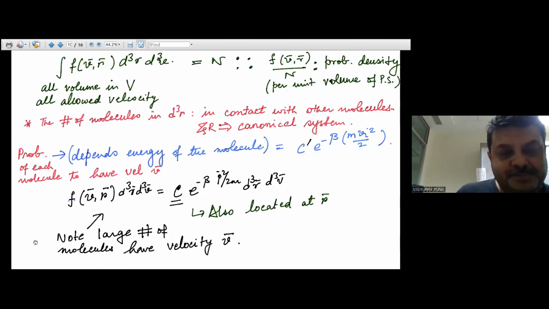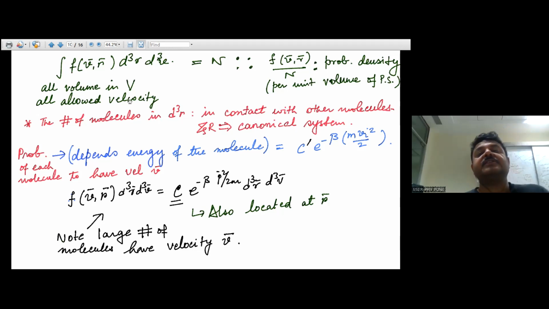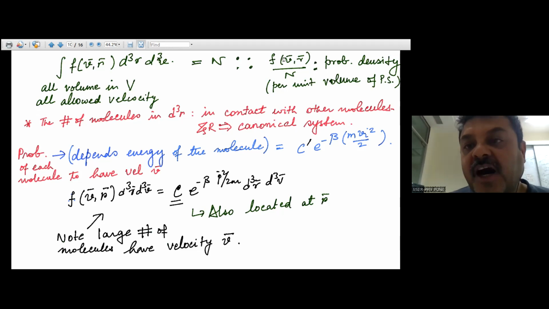So with that meaning, if we integrate f(v,r) over all volume in real space and all allowed velocities, we would get n. So f(v,r) by n is, if you like, the probability density.